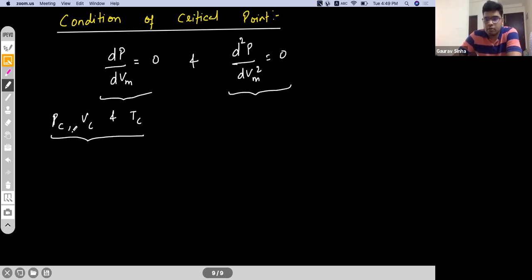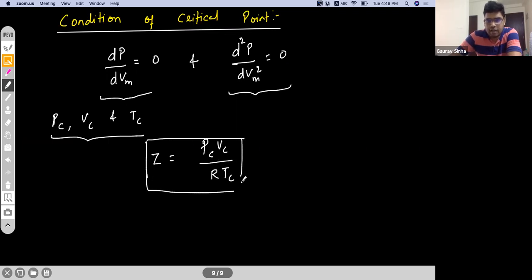We also find out the compressibility factor at the critical point. So what is the compressibility factor at the critical point? Z is equal to PC VC by RTC. It is PVm by RT only, but since the pressure, temperature, and volume are at the critical point, this is the compressibility factor at the critical point.